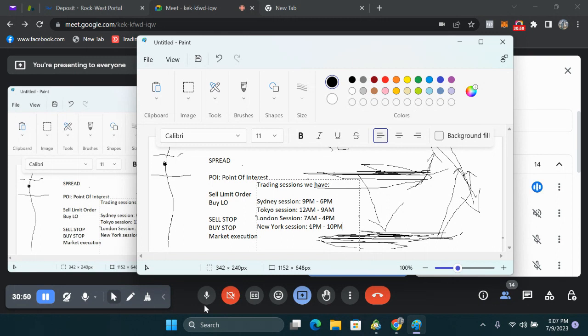For Nigerians, that is 10 p.m. to 7 a.m. Then the Tokyo session and the London session, those are the North America session. So this is the time when each of them opens. From your observation, you see that they are clashing somehow. The Sydney session enters into the Tokyo session.